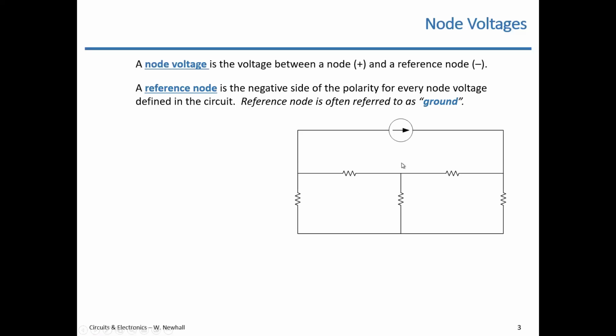And so for me to define node voltages, I need a reference node defined. One of these nodes in this circuit is going to be a reference node, ground. And so typically reference node symbols are these. These are ground symbols.